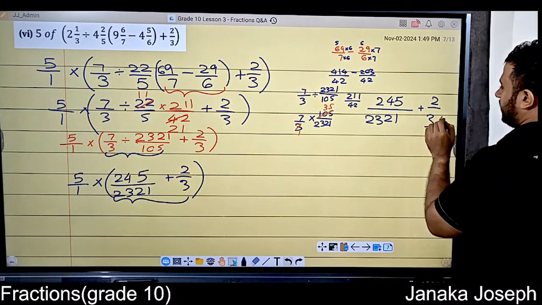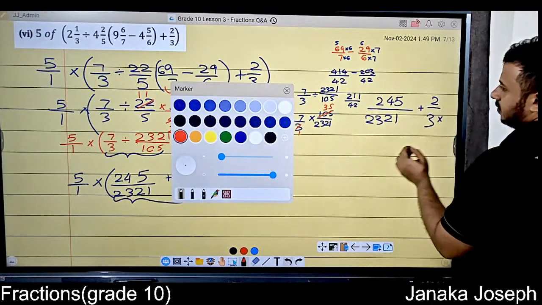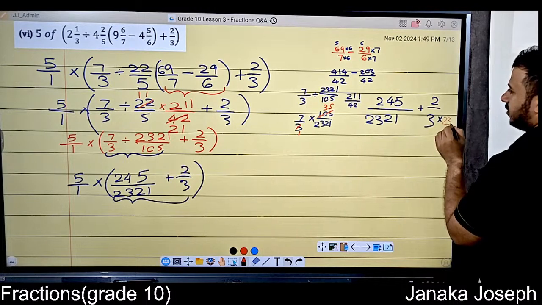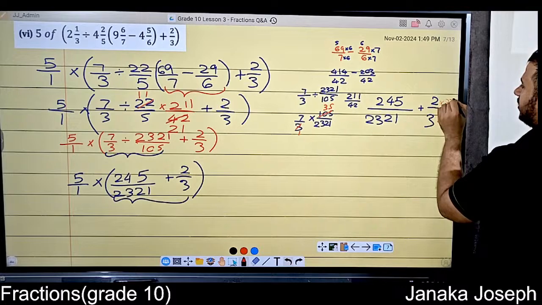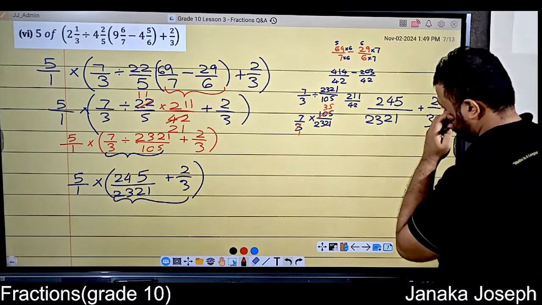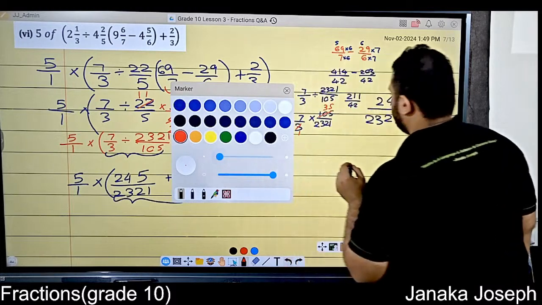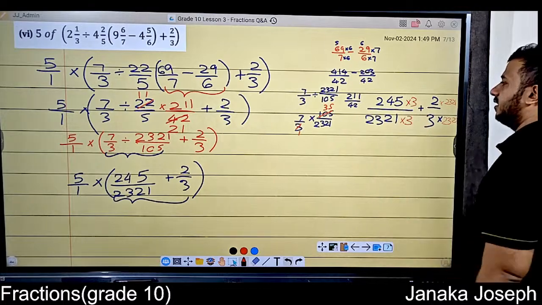Here you will multiply by 2321, multiply by 2321. Actually, I might have to make it a little bigger than that. Here, multiply by 3, multiply by 3.